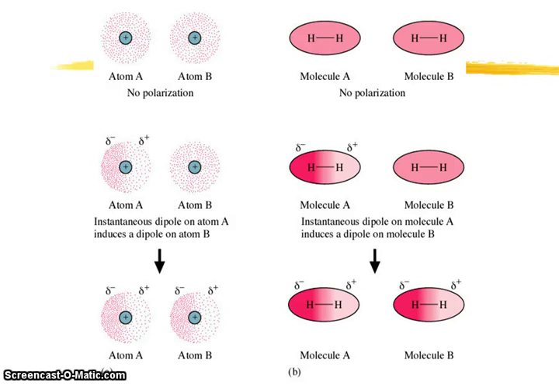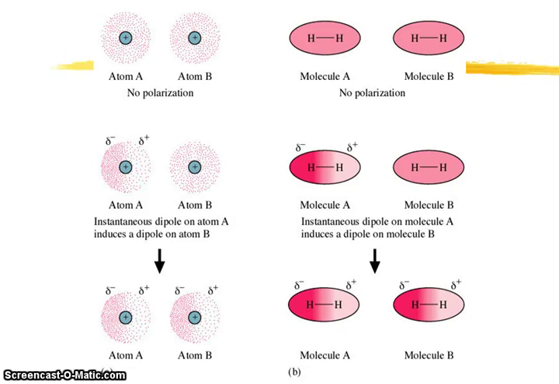It's just probability. That's going to give that atom an instantaneous dipole. It's going to have a partial negative and partial positive end. And what that will do is it will influence atom B. The partial positive end of A will attract electrons in B and set up another instantaneous dipole in B, and that will continue on down the line.